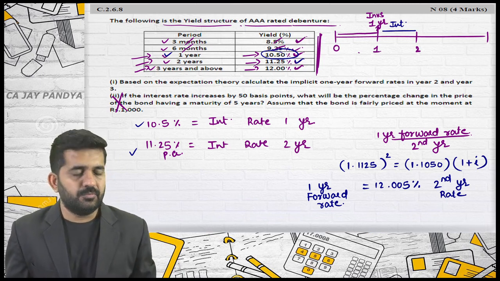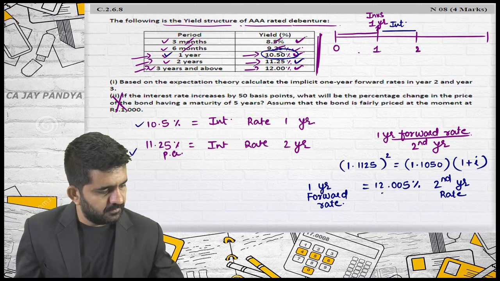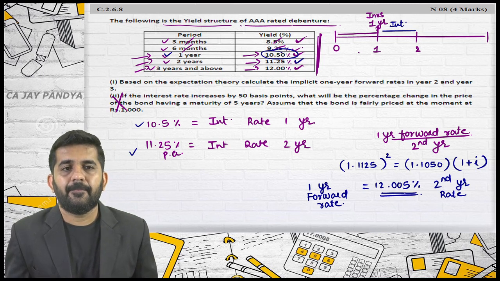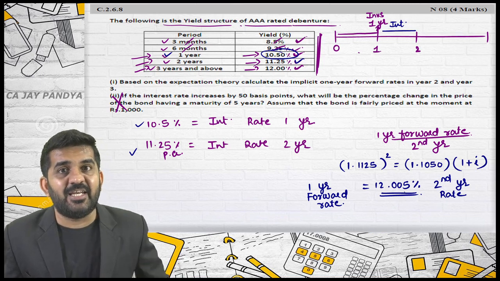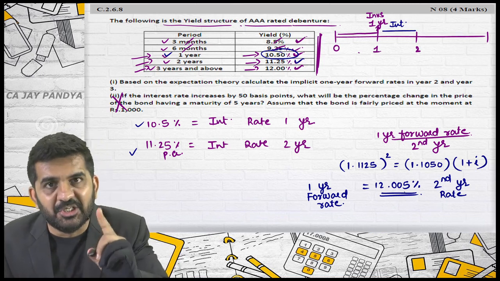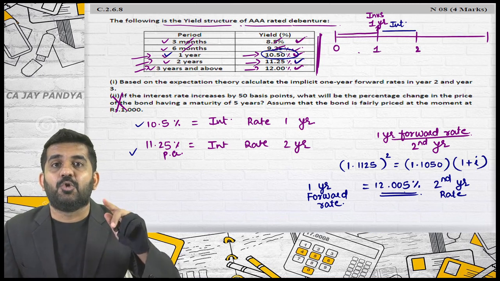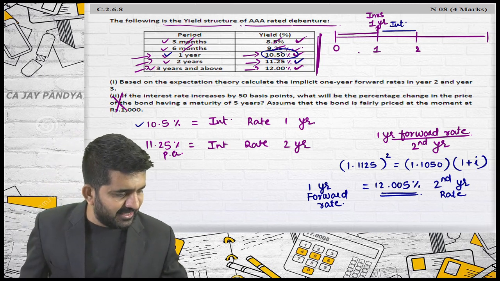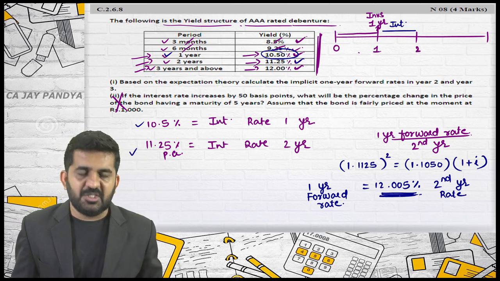No. Then what does 12% mean? 12% is the rate for the second year. That is, if I am investing at the end of the first year, what will be the interest rate applicable for 1 year from the first year, that is for the second year? That is nothing but 12.005%. Is it alright?